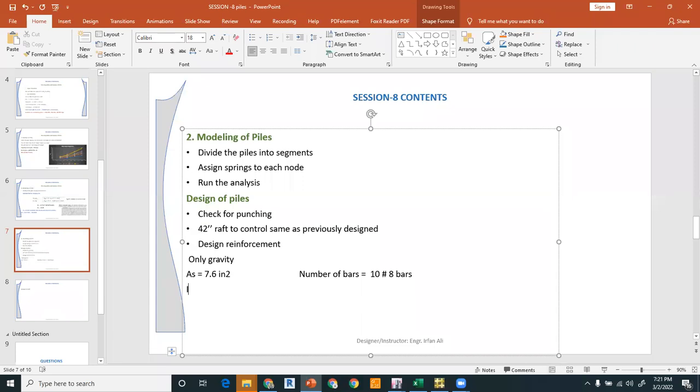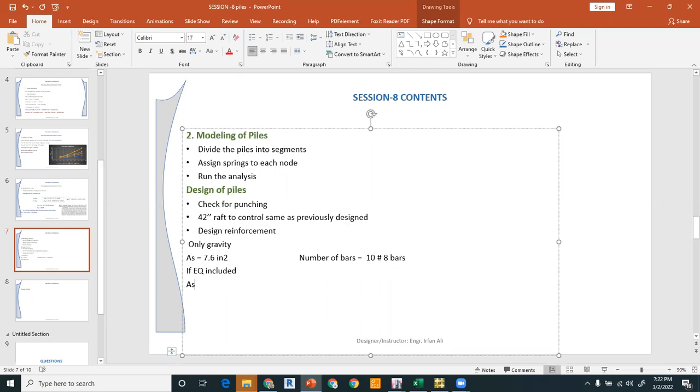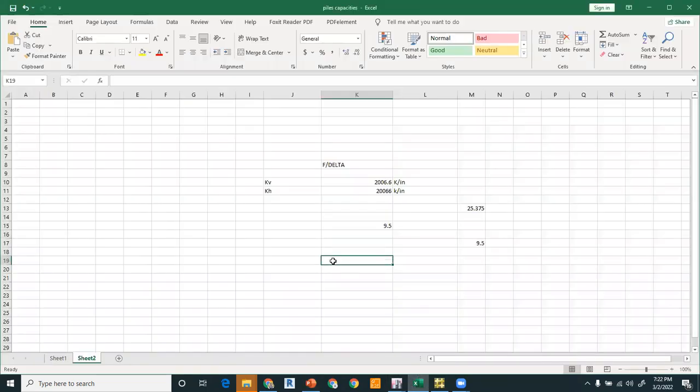And if earthquake forces are included, then As is equal to 21. This is the maximum from all of the piles, 21 inch square. So the number of bars required for this will be 21 divided by the area of number 8 bar, and it is 26.